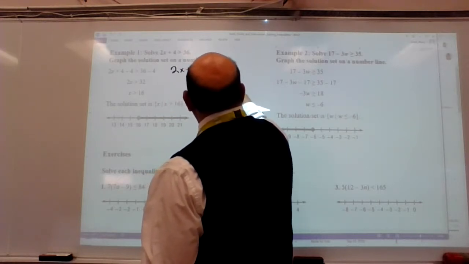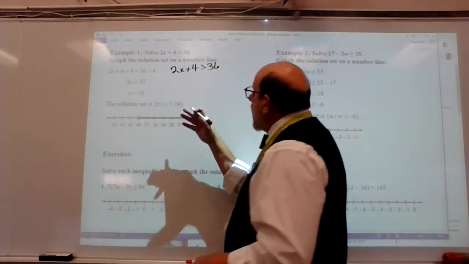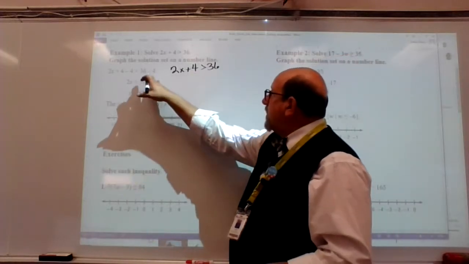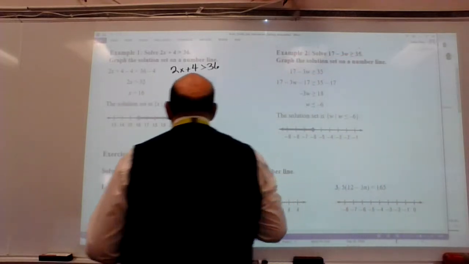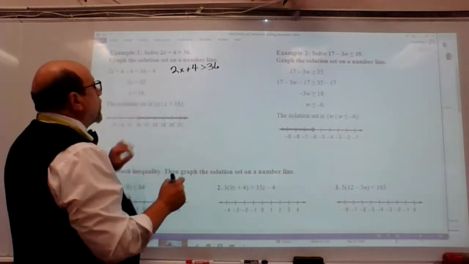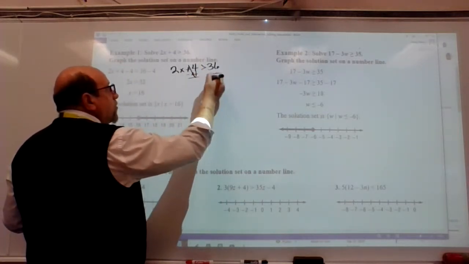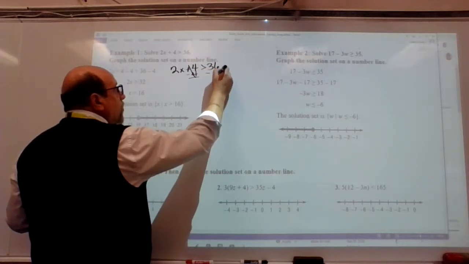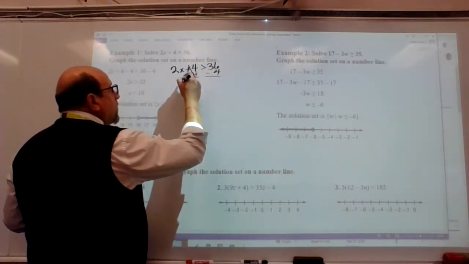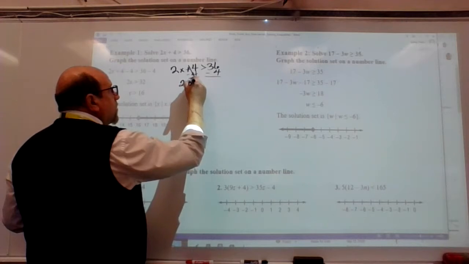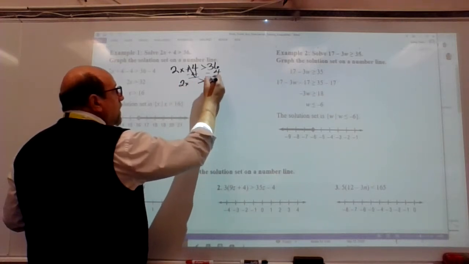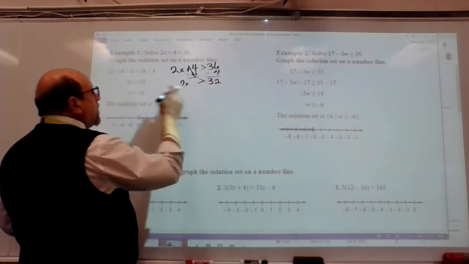I just want to rewrite this, and then I want to perform the functions that they did. What they did was they subtracted 4 from both sides, and they showed it their way, but I like to show it my way. Minus 4 on both sides, and then we get to 2x is greater than 32, and we get to the same spot.